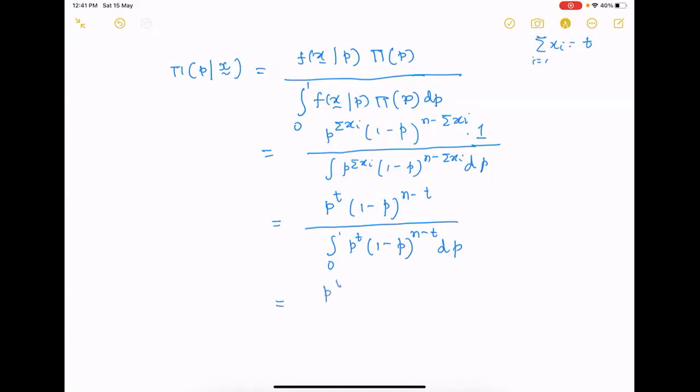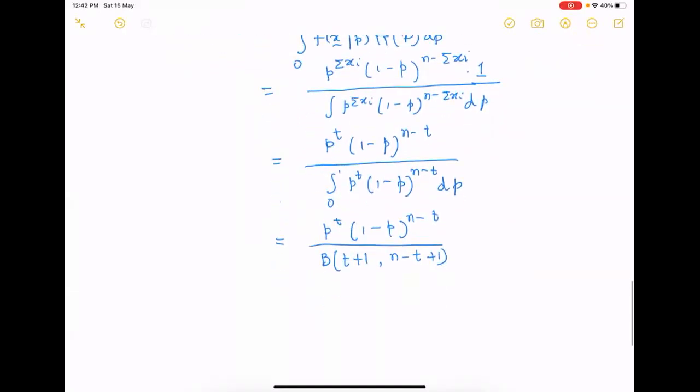P to the power t times 1 minus p to the power n minus t is a beta integral with t plus 1, because you can write basically t plus 1 minus 1, and n minus t plus 1 minus 1. You can write it in this way. So it will be n minus t plus 1. Are all of you with me?